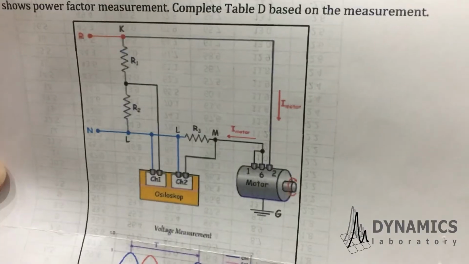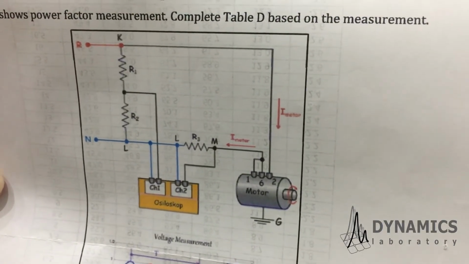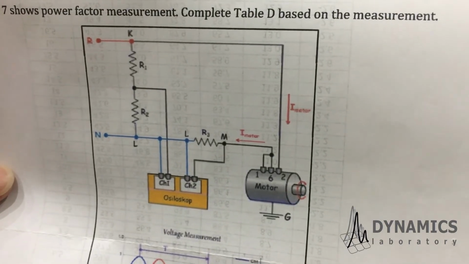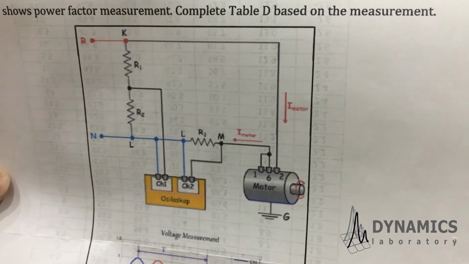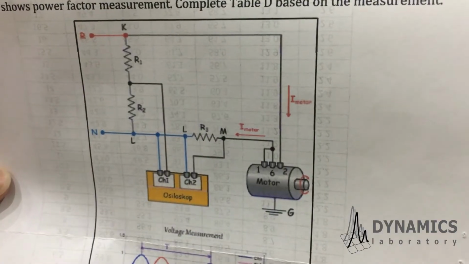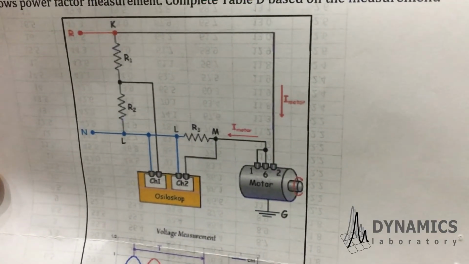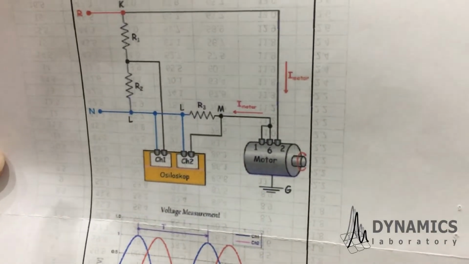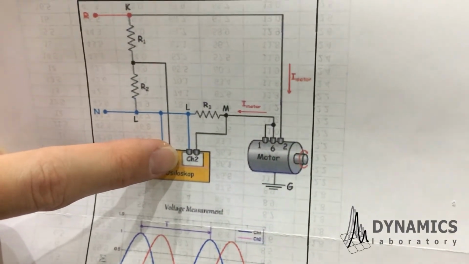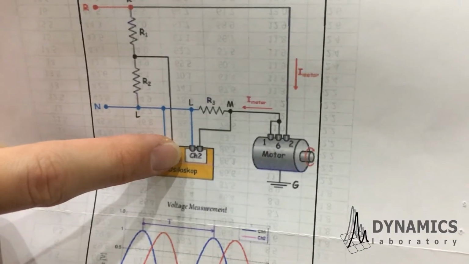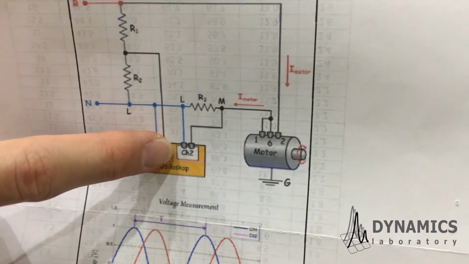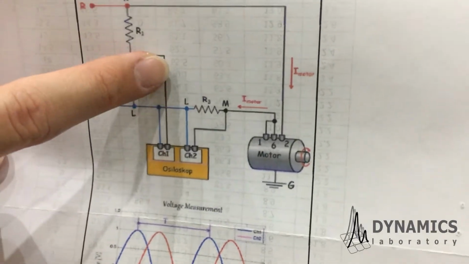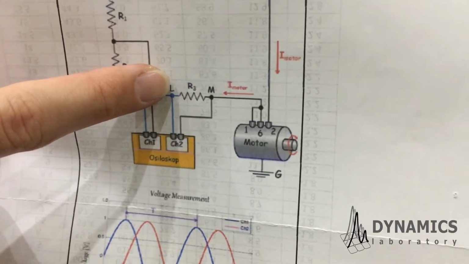R3 is 1 ohm, which means V equals I times R. If R is equal to 1 ohm, then voltage is equal to I, or current. So channel 2 is basically measuring voltage, but the voltage is equal to the current inside the motor because R3 over here is only 1 ohm.